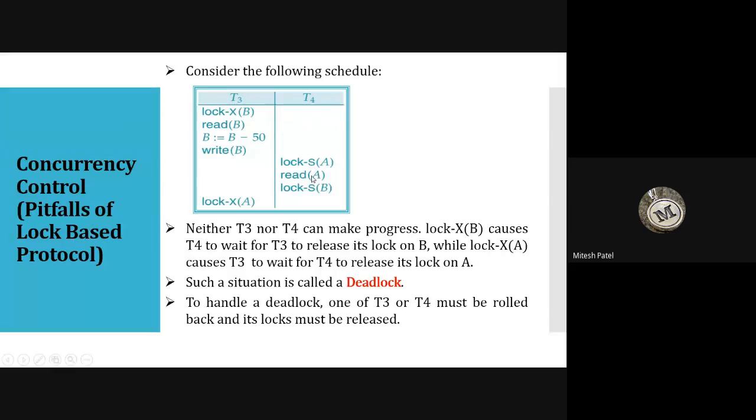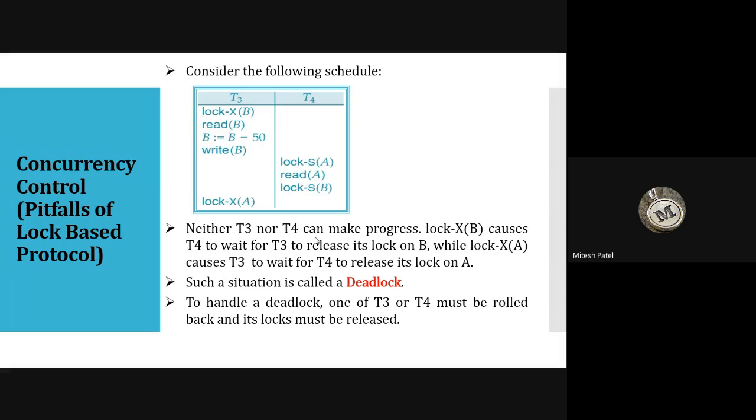T3 और T4 दोनों में से एक रिक्वेस्ट वापस ले ले, रोल बैक कर ले, तो प्रोग्रेस हो सकती है. Either T3 or T4 will be rolled back, then the lock will be released and T3 or T4 can make progress.